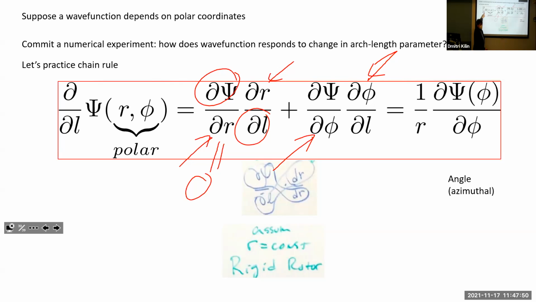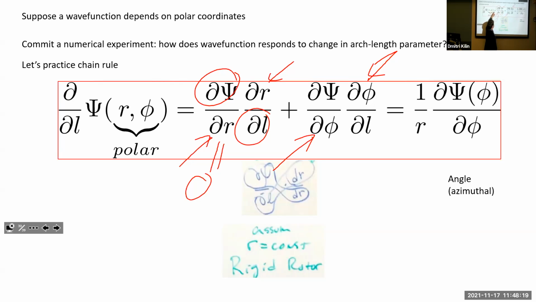Change of variable, okay. So if we need to take a derivative over L, arc length, we can do it first as a derivative over radius, and then derivative of radius over arc length. Canceling dr will give d psi over dl, so it's possible.